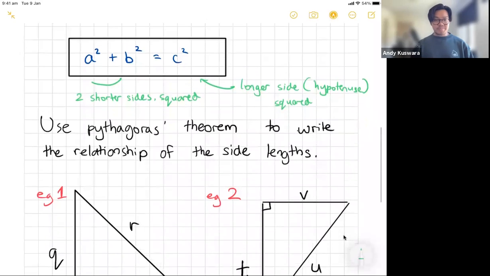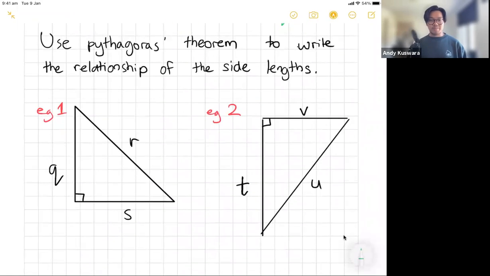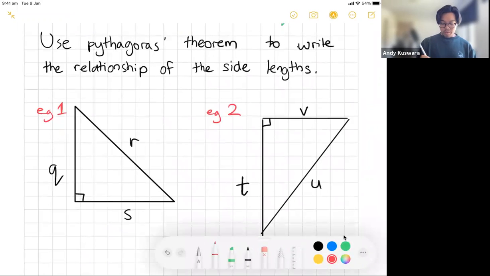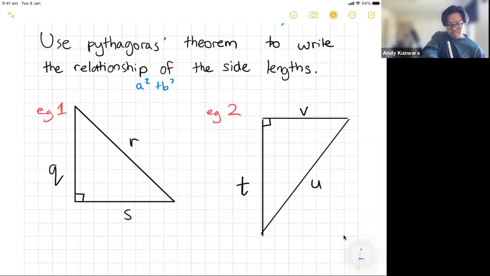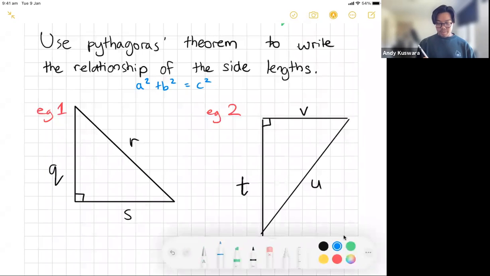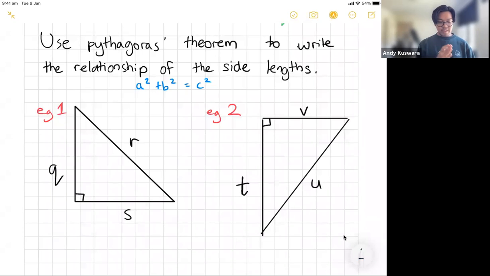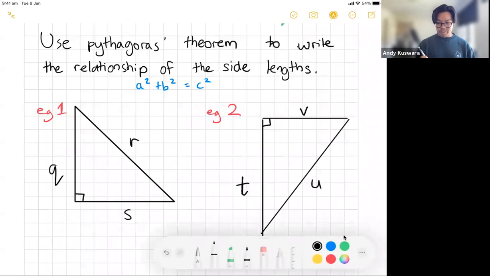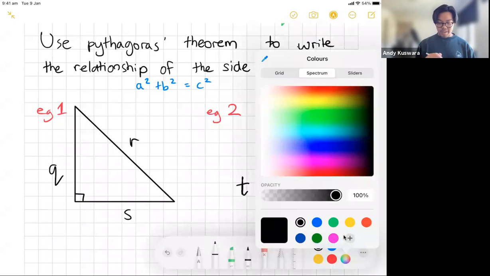Okay, so use Pythagoras' theorem to write the relationship of the side lengths. I'm going to write it really small up here so you can see it. Just remember that a squared plus b squared equals c squared. We've got different letters for example 1 and example 2, but we're going to answer them anyway.